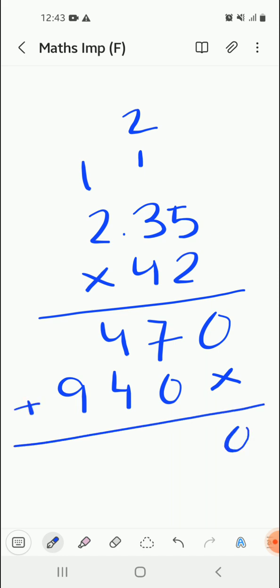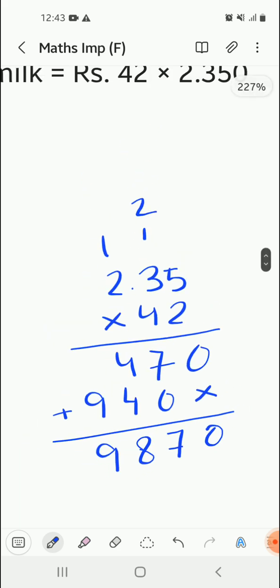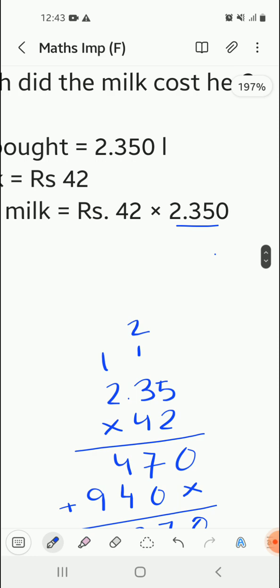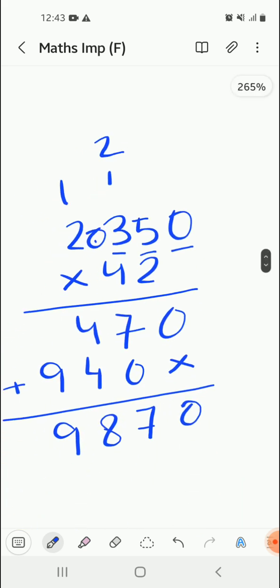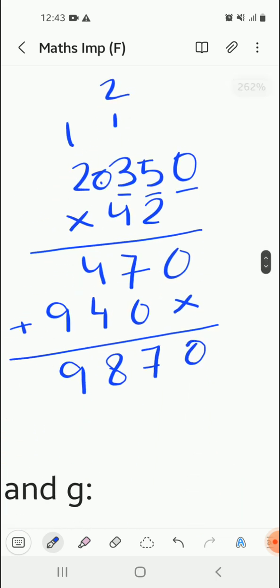Add, we get 0, we get 7, 4 plus 4 we get 8 and 9. We've got 9870. Now here it was 2.350, so we'll insert a 0 here. See the decimal places: there are 3 decimal places, because there are 3 numbers after the decimal point. So the decimal point will be placed just before 3 digits; 3 decimal places will be maintained here as well.